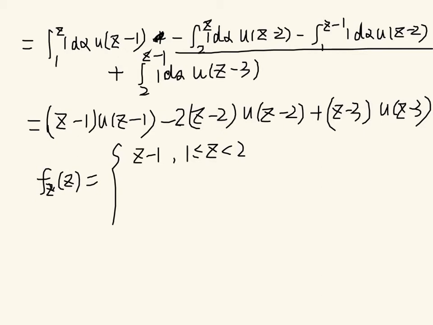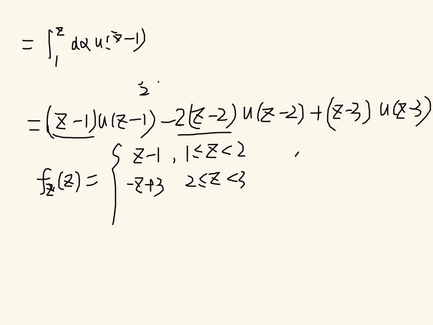And when z is between 2 and 3, it is equal to minus z plus 3, because it's this term plus this term.